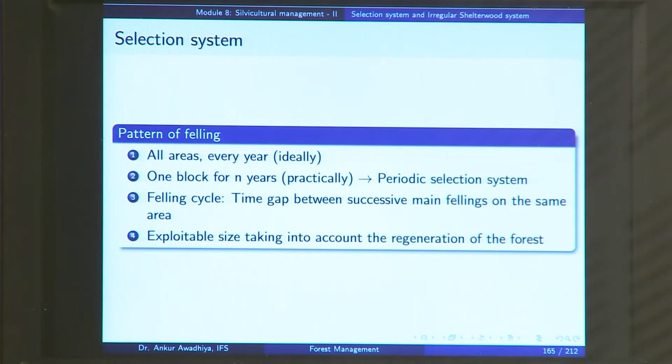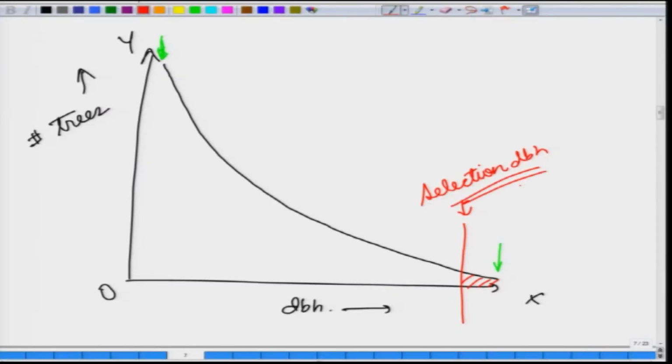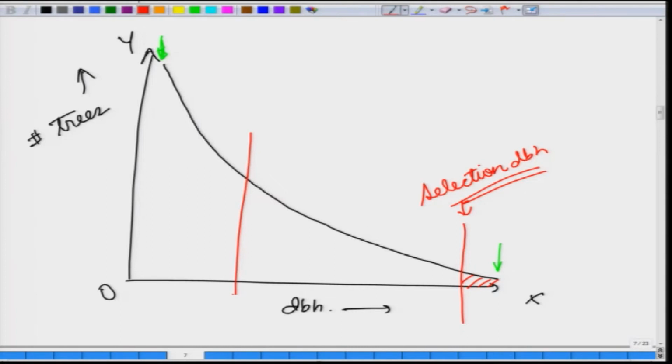We also define the exploitable size, taking into account the regeneration of the forest. So, we said here that this is our selection DBH, but your exploitable size should also consider the regeneration capacity of the forest. So, suppose in place of taking this DBH, you took say this DBH.